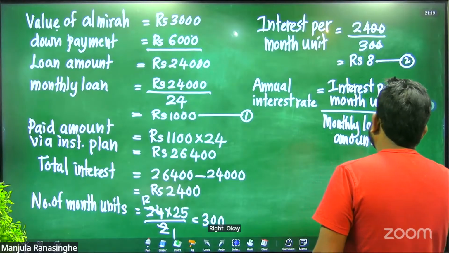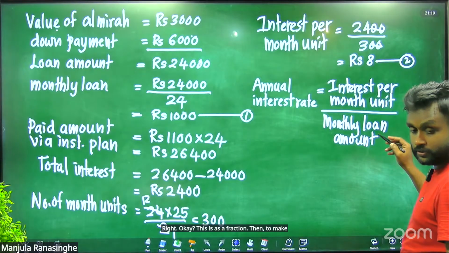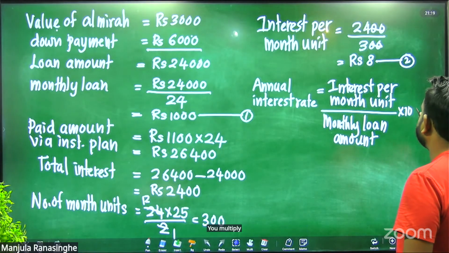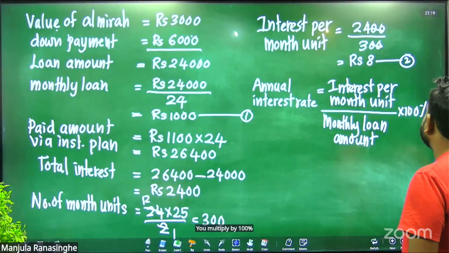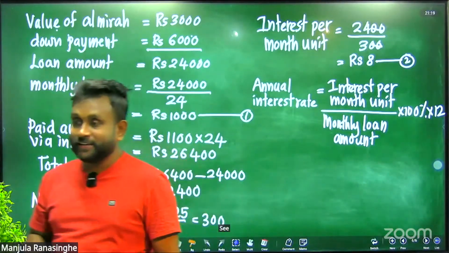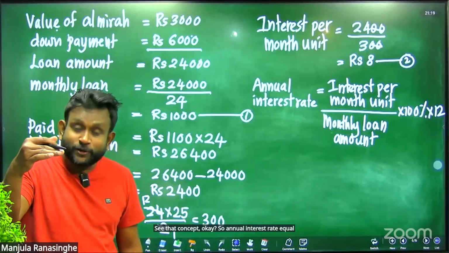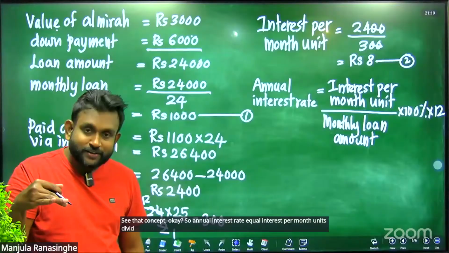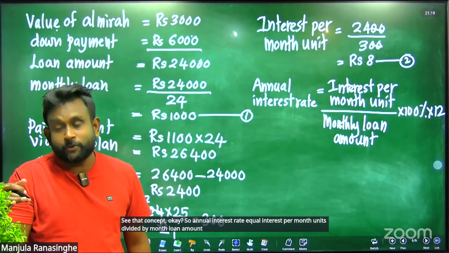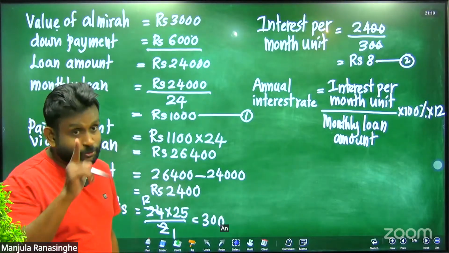Okay, this is as a fraction. Then to make a percentage, you multiply by 100%. To make it annual, you multiply by 12. See that concept, okay? So annual interest rate equals interest per month units divided by monthly loan amount into 100%. Now the percentage is converted, but to make it annual, you need to multiply by 12.